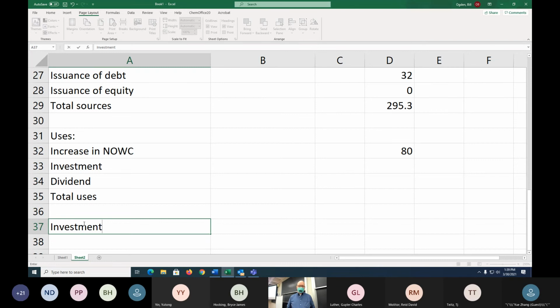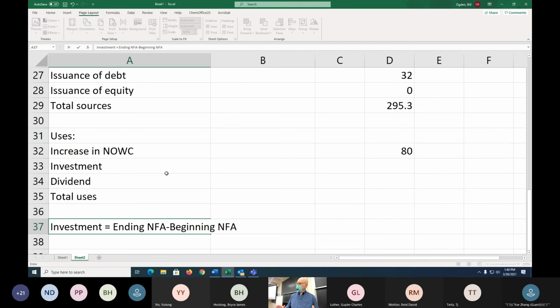Okay, so what we'll do here is, because we do have depreciation and we've included it as a source, we basically have to add that same amount to the top and bottom here. So do you remember when we just did the change in net fixed assets? What did we do? We did ending net fixed assets minus beginning net fixed assets.